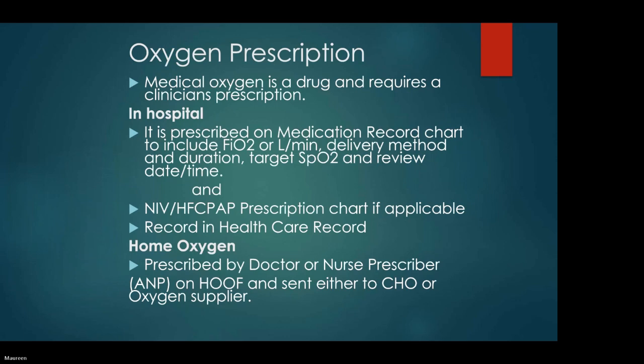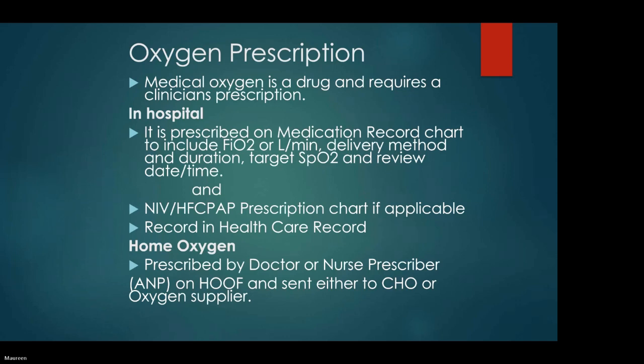But it's all recorded in a healthcare record for posterity so that we can look back and refer to that. In terms of home-based oxygen, that can be prescribed by a medical staff, or it can be prescribed by an advanced nurse practitioner who has got prescribing rights.